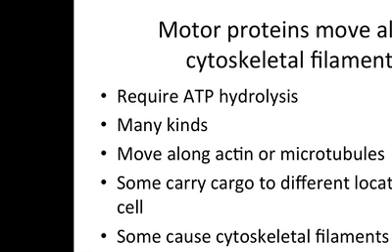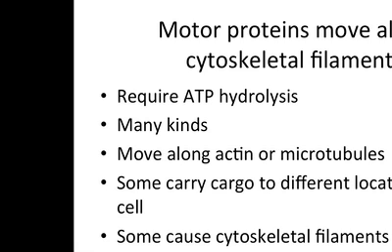Okay, so motor proteins move along cytoskeletal filaments, right? I keep talking about it, it's like their tracks. They're walking along them, right? And so there's certain things that you can always think about with motor proteins. They require ATP.